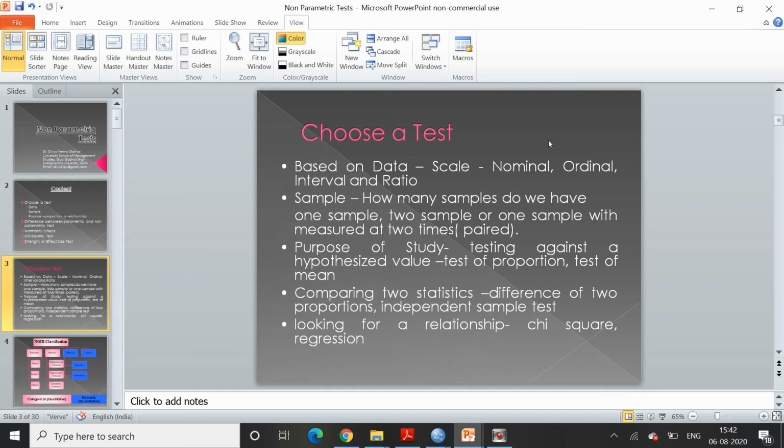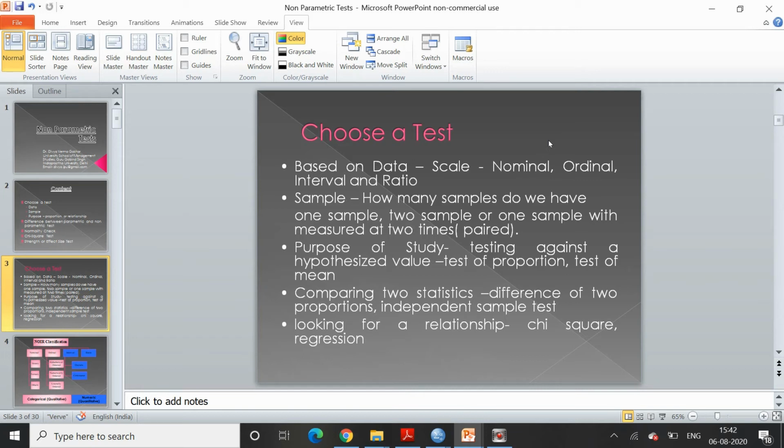Third criteria of choosing a test is purpose of study. Are we testing our data against a hypothesized value? Is it a test of proportion or test of mean? Or we are comparing 2 statistics, that we are finding out the difference of 2 proportions, doing some independent sample test.